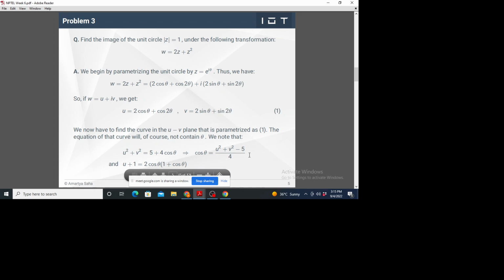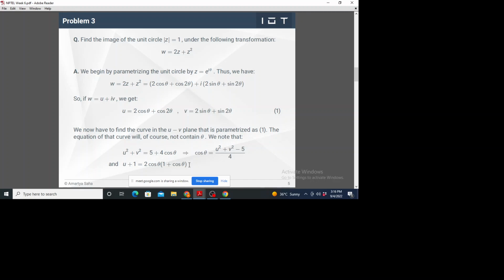So cos theta is given by this, and again there is another observation. u plus 1 is given by 2 cos theta multiplied by 1 plus cos theta. So again you have to rely on observation, and here I have used the half angle formula for cosine: cos 2 theta is 1 plus 2 cos square theta.